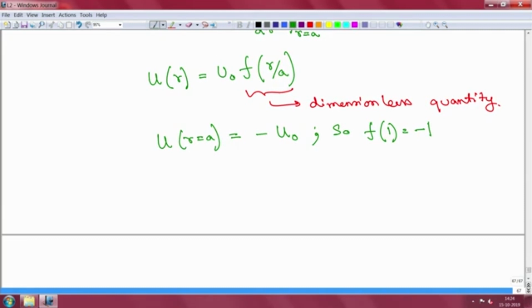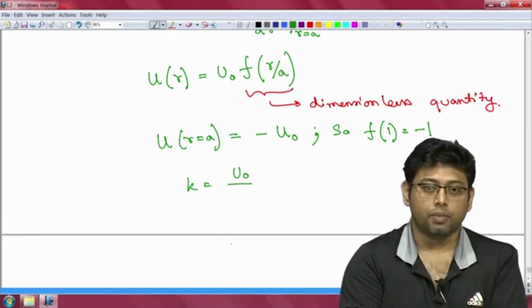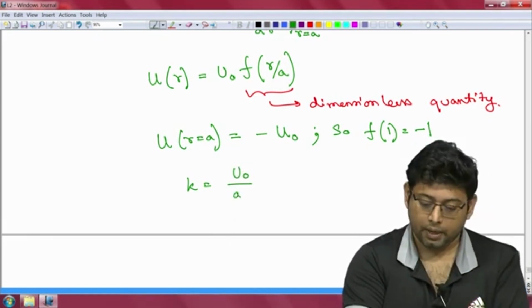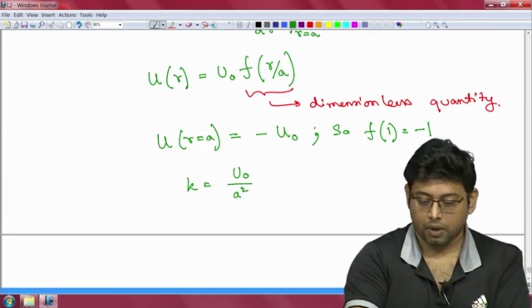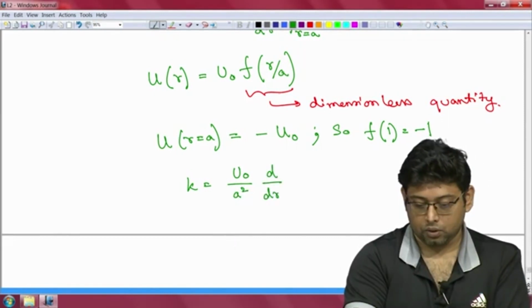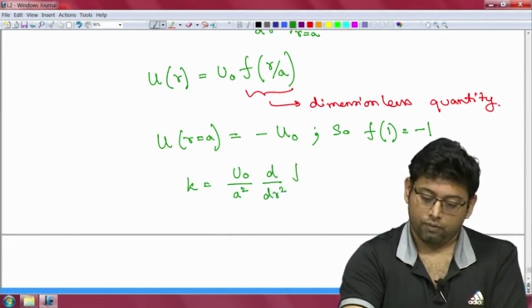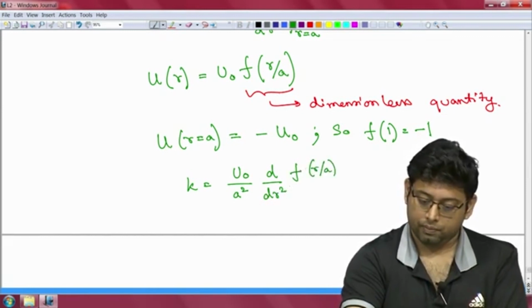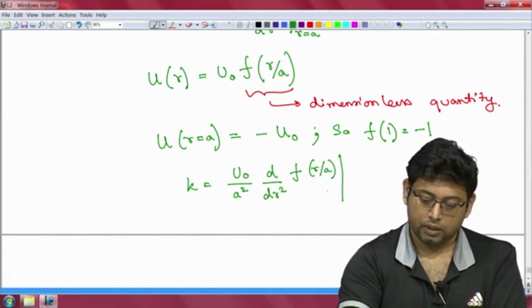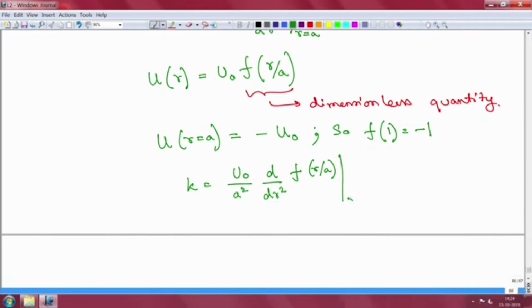So, if you evaluate now the derivative, k now is basically U naught times this. If you evaluate k from that particular equation, what you will end up getting is k equal to U naught by a square times the second derivative d square f by d r square, with this entire thing being evaluated at r equal to a.